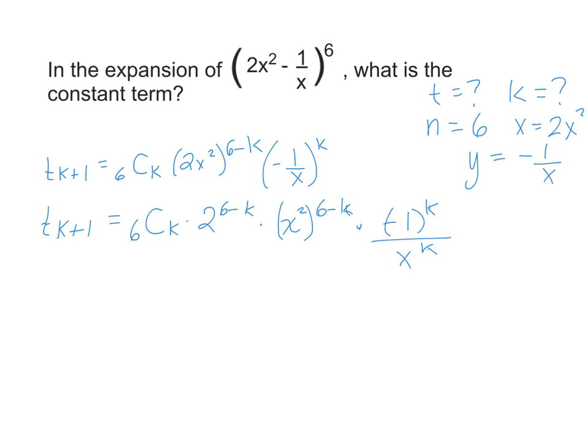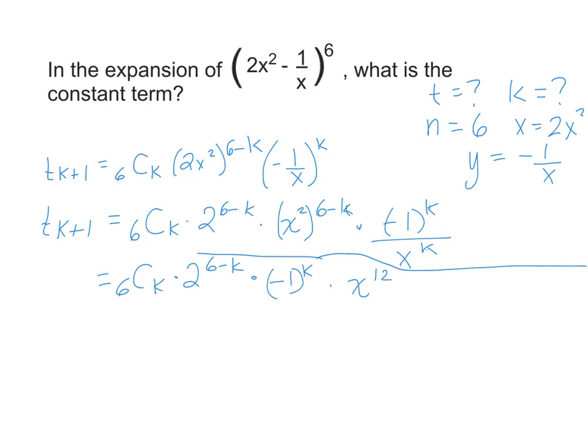So I end up with this, still 6 choose k, 2 to the power of 6 minus k, and I'll put the negative 1 here, negative 1 to the power of k. And then for the x's, x squared to the power of 6 minus k, I simplified that to be x to the power of 12 minus 2k, and then I put this over x to the power of k.